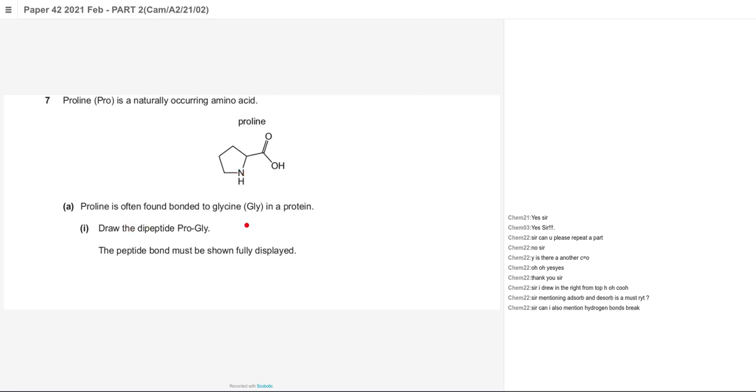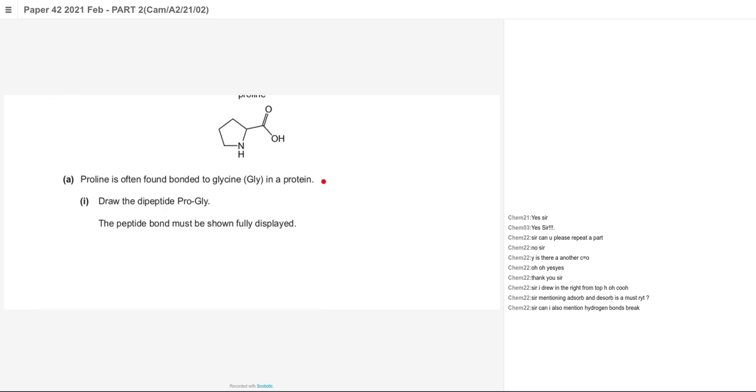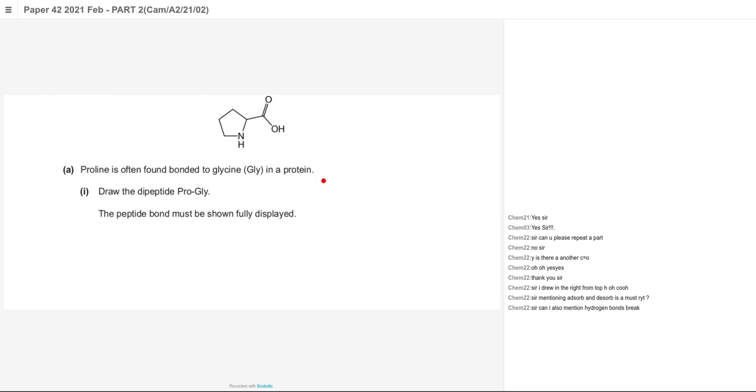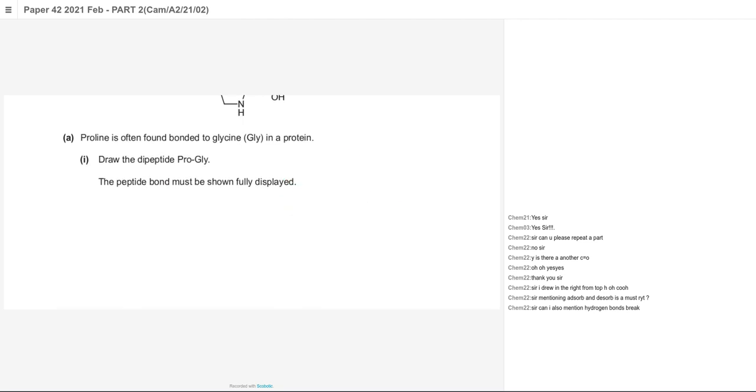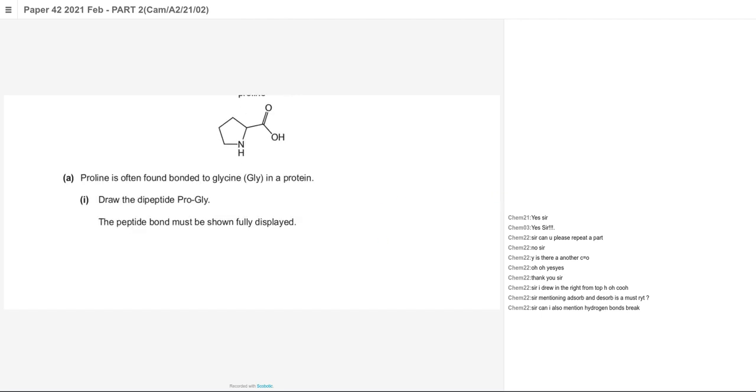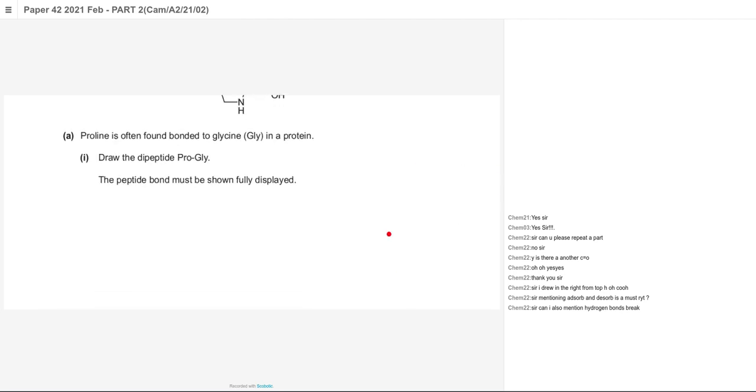Proline is often found bonded to glycine in a protein. Draw the dipeptide pro-gly. Glycine, you can check the data booklet, is the simplest amino acid, which has two hydrogens attached to the carbon. So here, this is the proline. Okay.